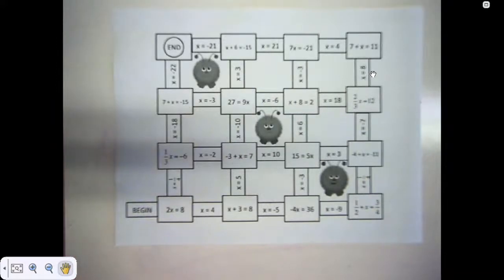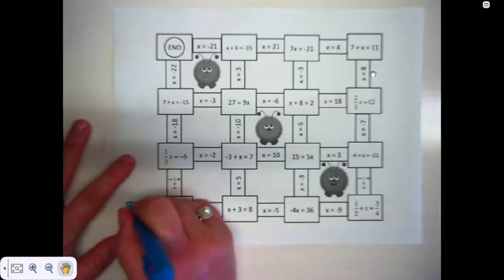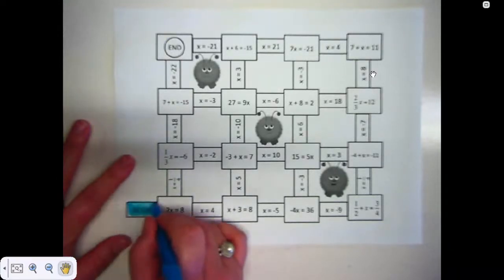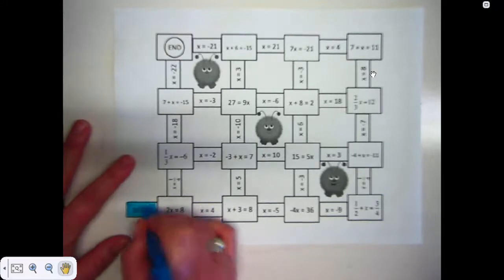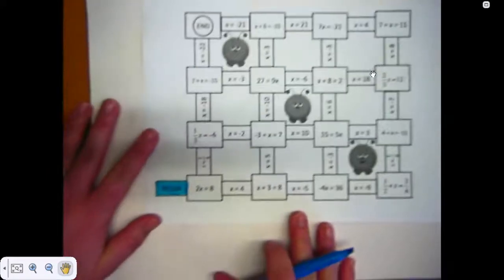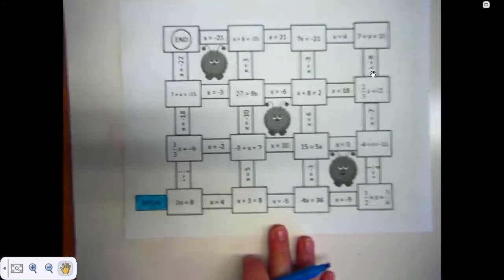So first thing I'm going to do is look for the begin. By the way, yours is not in the same place as mine. You need to look for where it says begin on your maze. Let me see if I can get this a little bit more in focus.